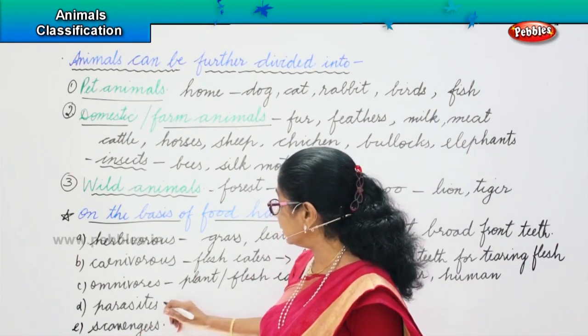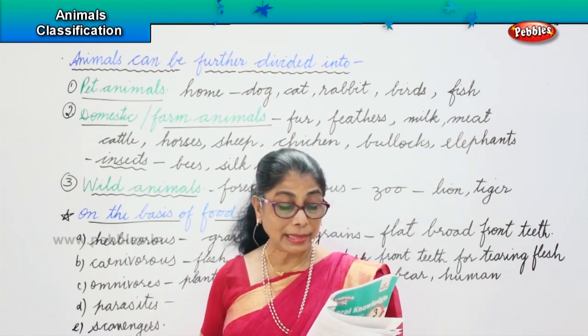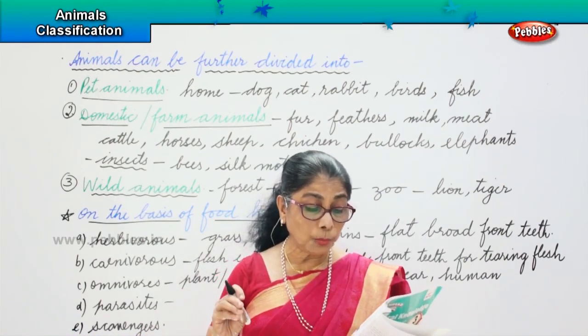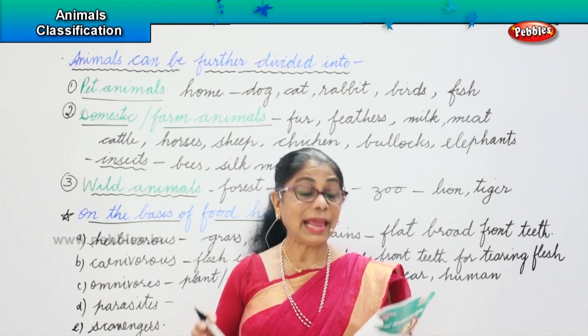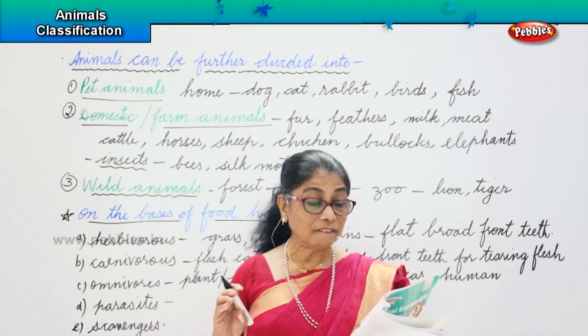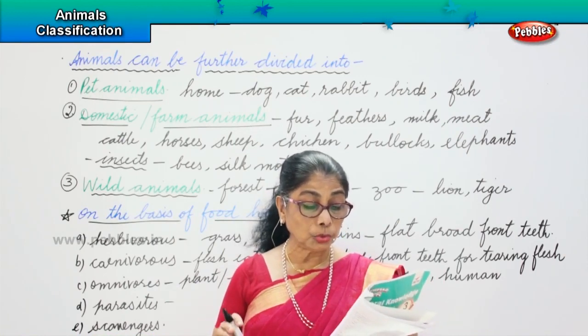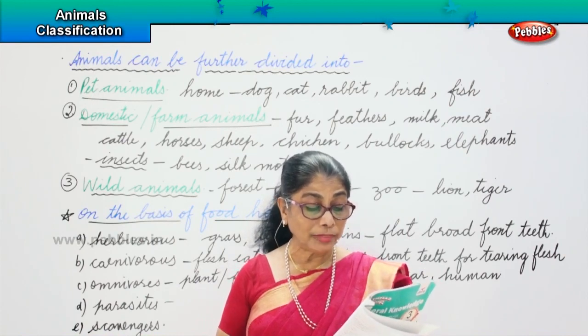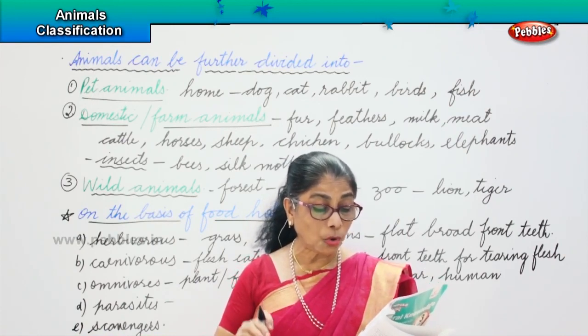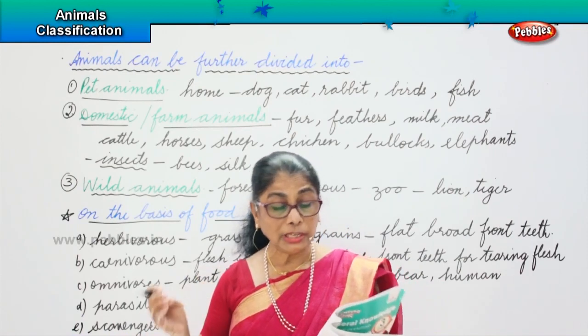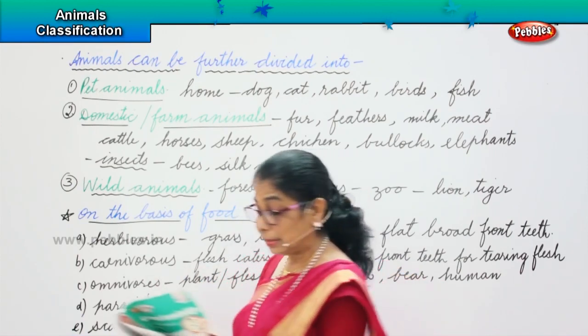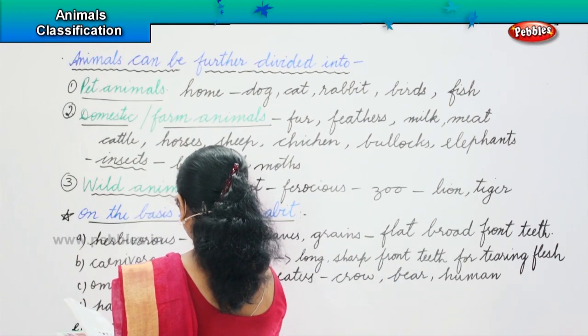Next, parasites. What are these? Parasites. There are one or more groups of organisms like bacteria, virus, protozoa. All of them live inside or on the bodies of other animals.